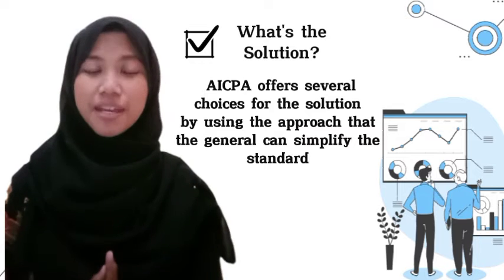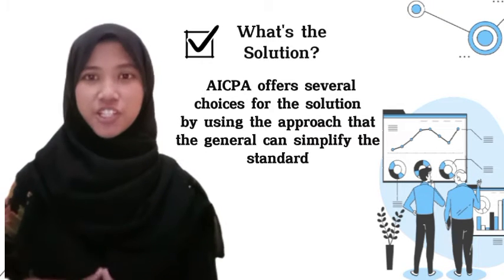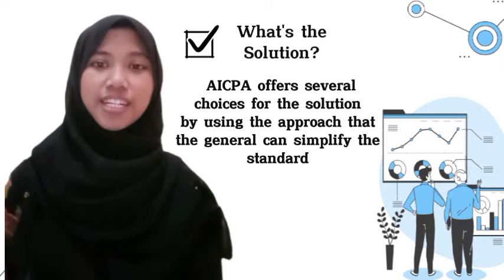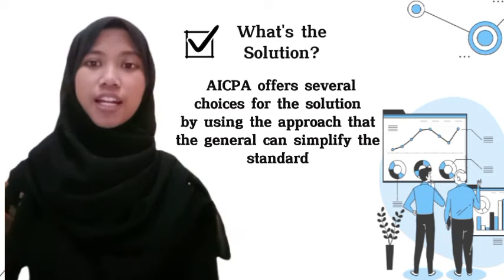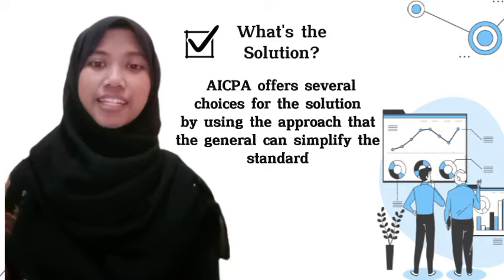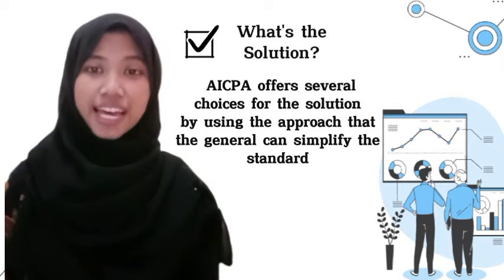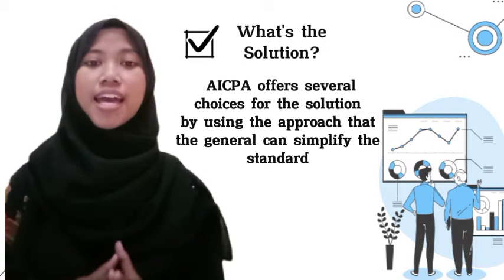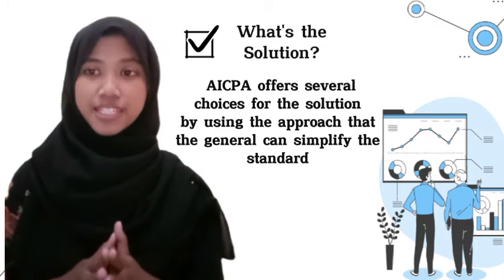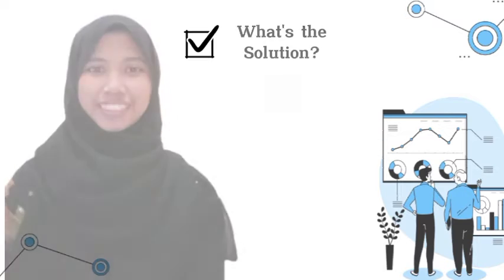A change of GAAP to simplify and widen application, and make disclosures that differ from measurement alternatives. Then a change in CPA standards for financial reporting. And the last is an alternative GAAP as a basis of choice in the presentation of the financial statement.